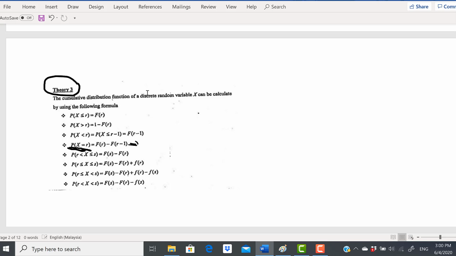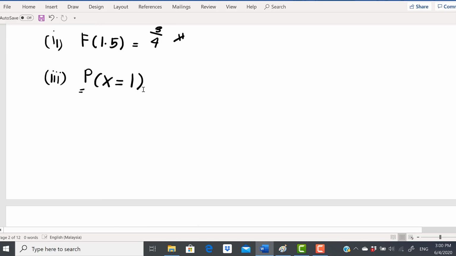For example, let's say the question asks you to find the probability when x equals 7. That means it's equal to F(7) minus, since r is 7, r minus 1, F(6). So it goes the same for this question, when the probability x equals 1.